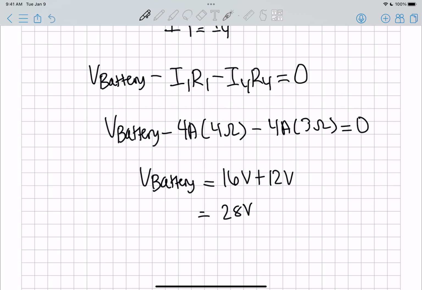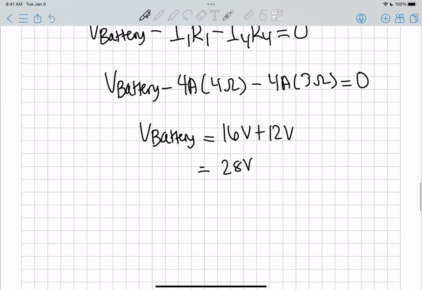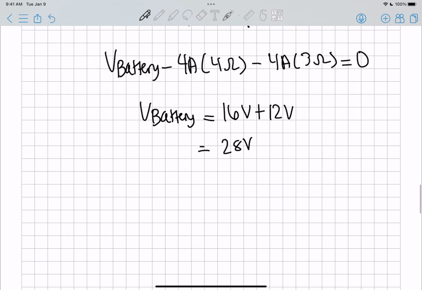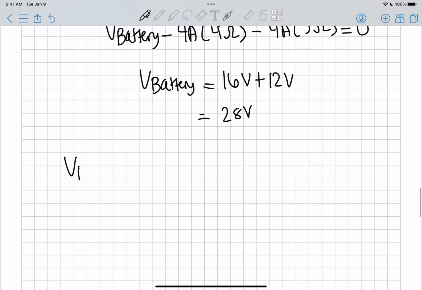And then if we redid the expression to factor in that second loop, V battery, which is 28 volts now, and then the second loop, which is R1, R2, and then R3.